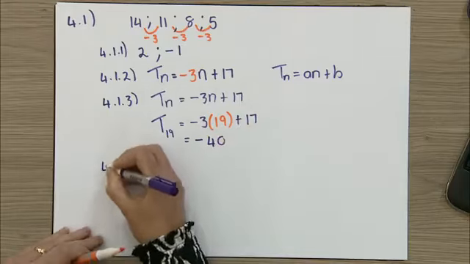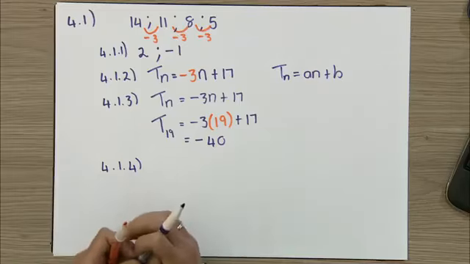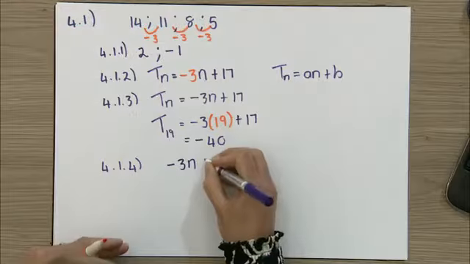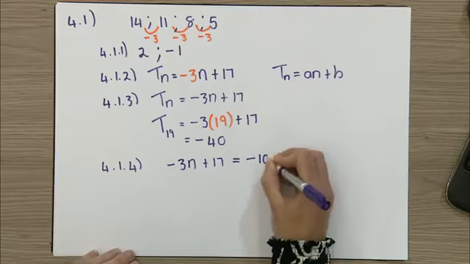The next one, 4.1.4. Which term in the pattern will be the first that will be less than minus 100? So to be able to answer that, I first need to know which term in the pattern is equal to minus 100. So I'm going to take my rule, negative 3n plus 17, and I'm going to make it equal to negative 100.